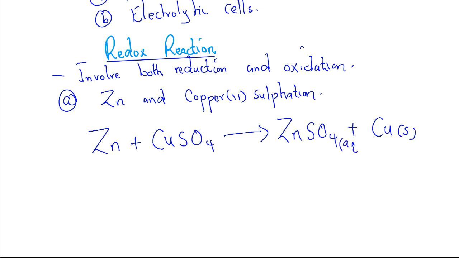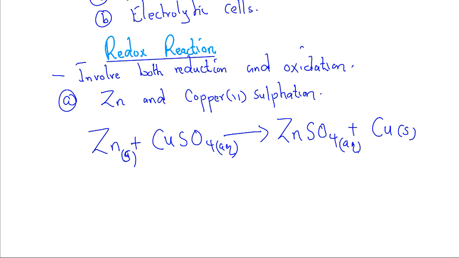So this copper solid is the brown deposits. Then the blue color fades because the copper 2 ions responsible for the blue color have been reduced to copper metal.